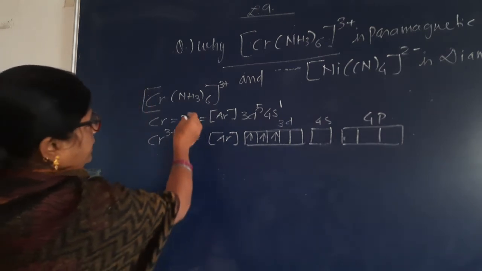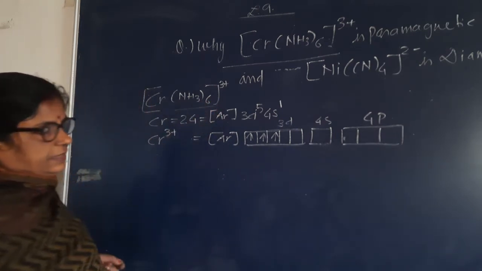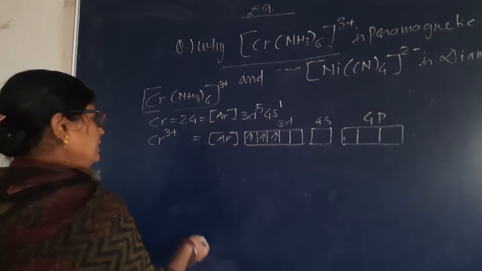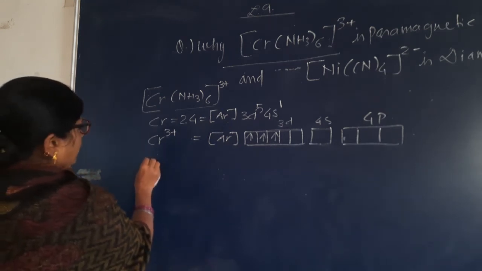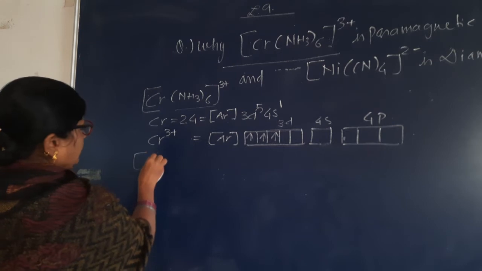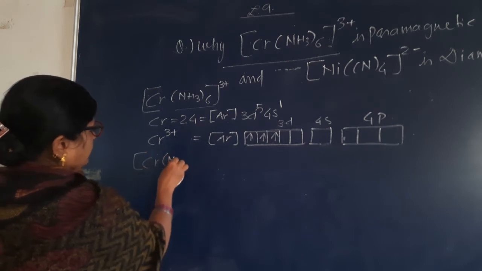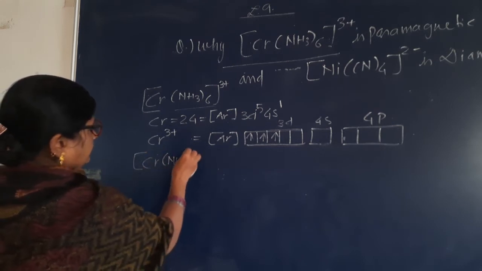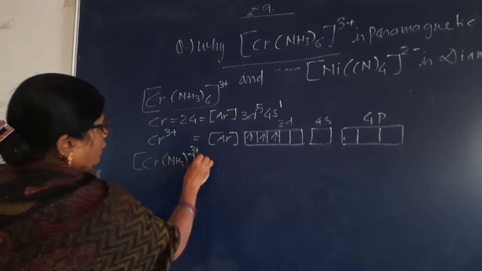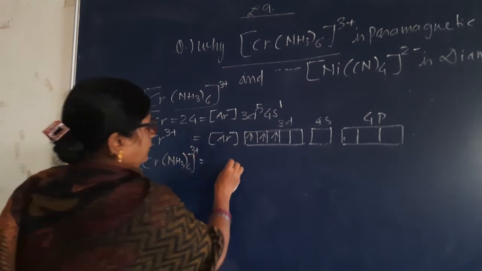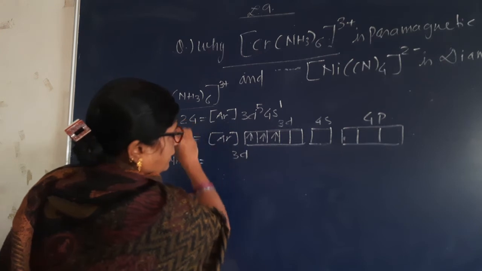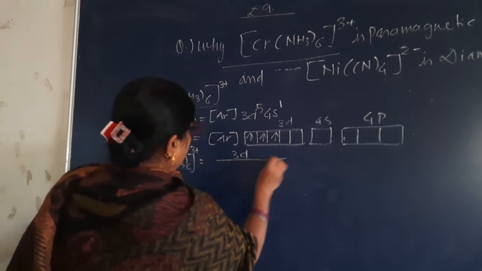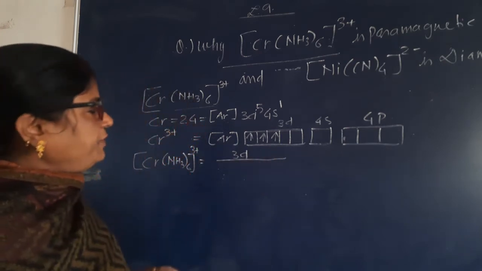Correct? Now I have to arrange NH3 6. That is, 6 ligands we have to arrange. So we will write here therefore Cr(NH3)6 3+. So how to show the hybrid orbitals here? 3d. Now let the argon be like this. As we know, NH3 is a weak ligand.